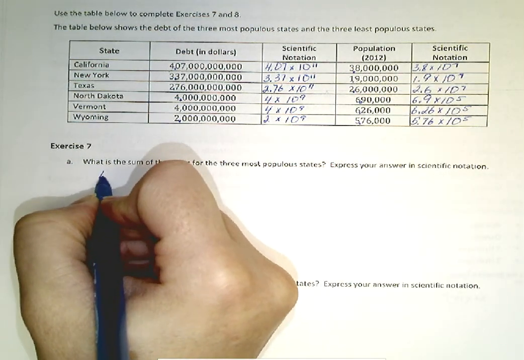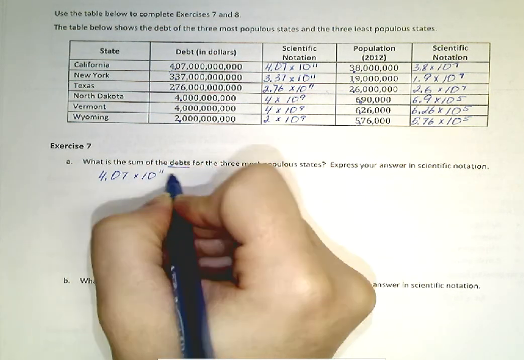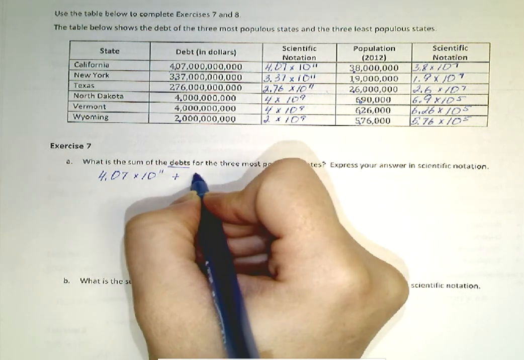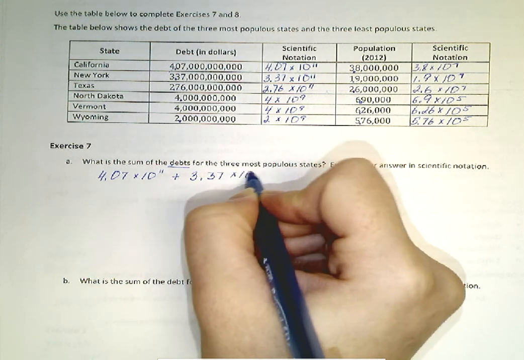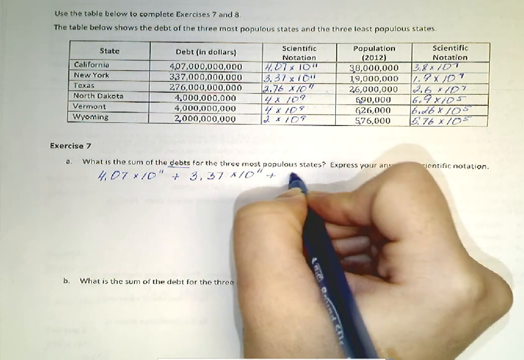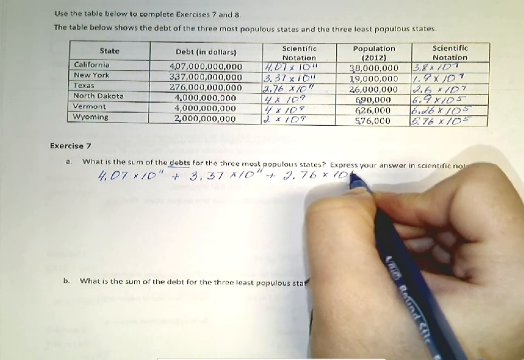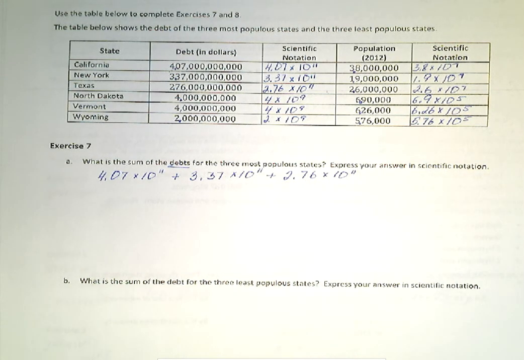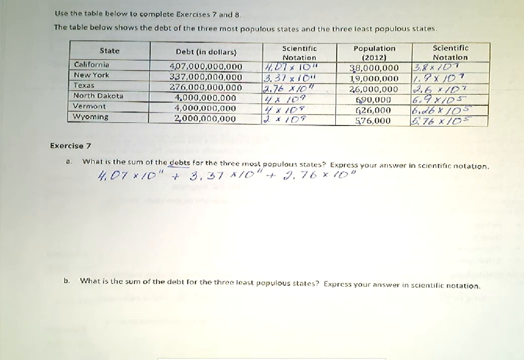So we have 4 and 7 hundredths times 10 to the 11th plus 3 and 37 hundredths times 10 to the 11th plus 2 and 76 hundredths times 10 to the 11th. Notice that all of these three terms have 10 to the 11th power, so we can take it out of the parentheses and not worry about it.